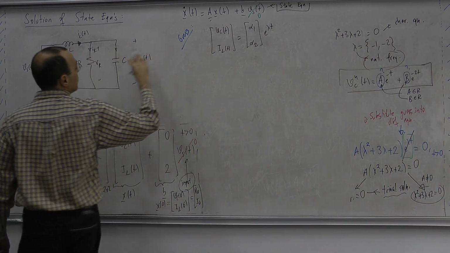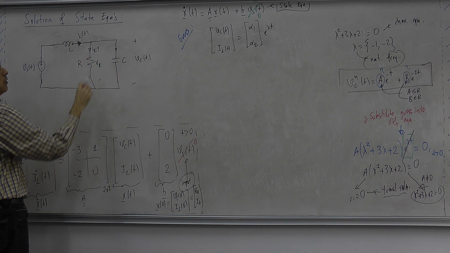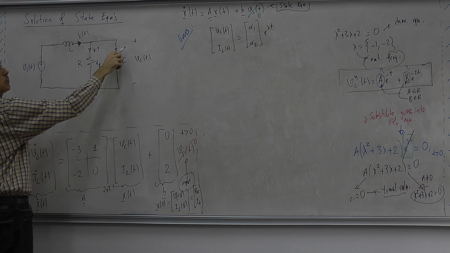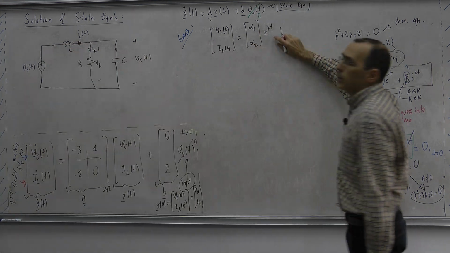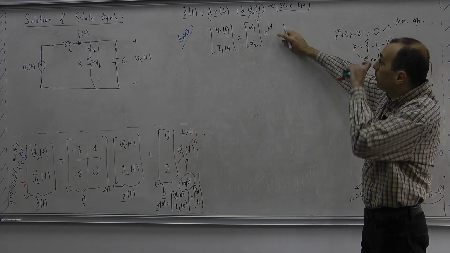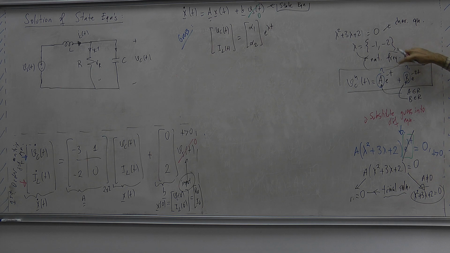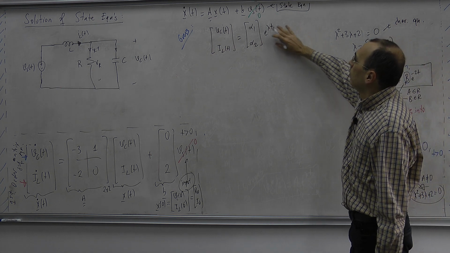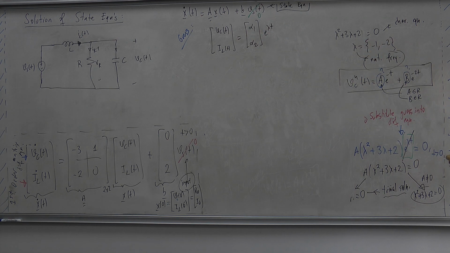So if you have an exponential voltage over here, you can feel that you have an exponential voltage over there, exponential current over there, with the same exponent everywhere in the circuit. So this is the reason that we are making such a guess. So there is a single exponent, this lambda, which will be again the natural frequency. And then we will be trying to find this lambda by again making a similar guess.